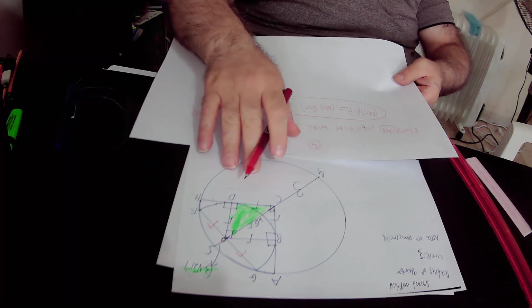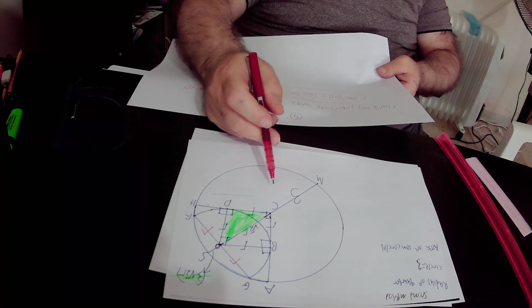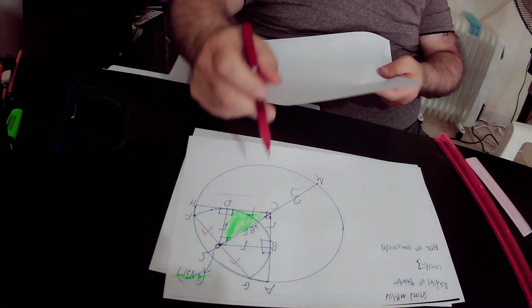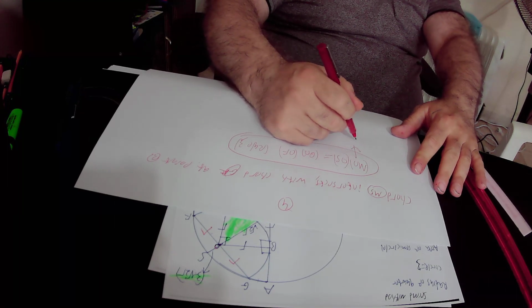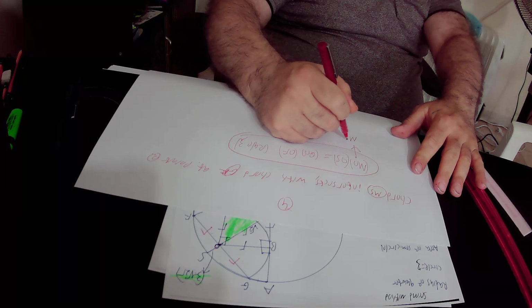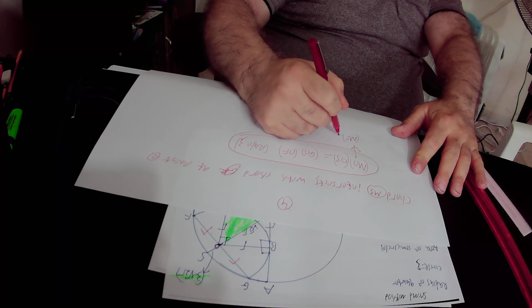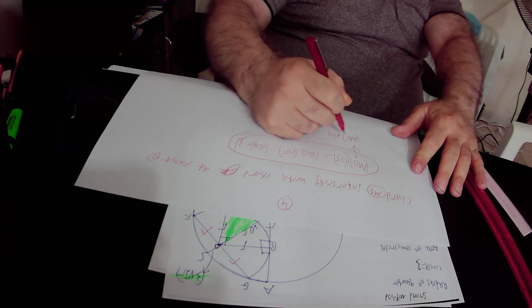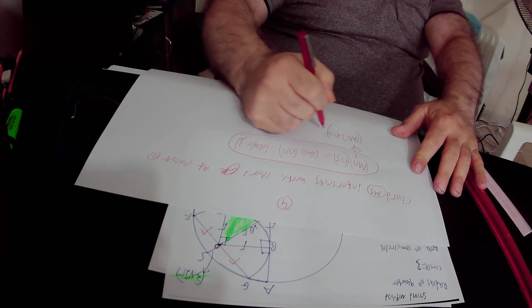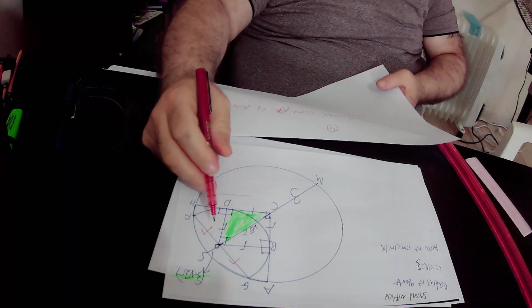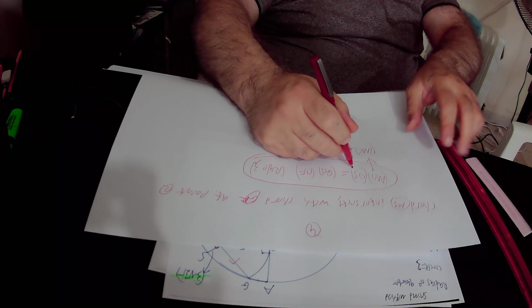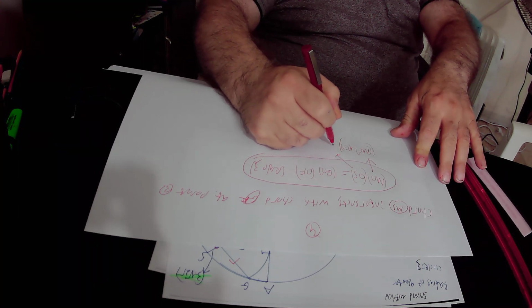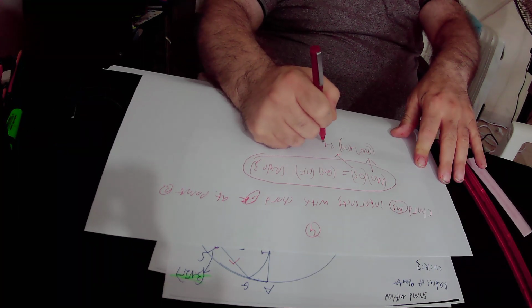Here MO equals MC plus CO. And we have already found out that OS equals 3 minus square root of 2R.